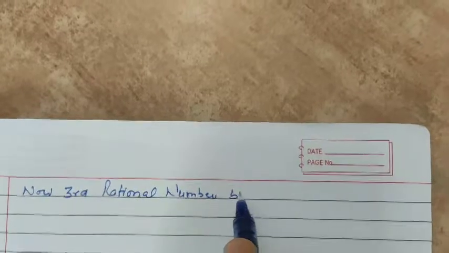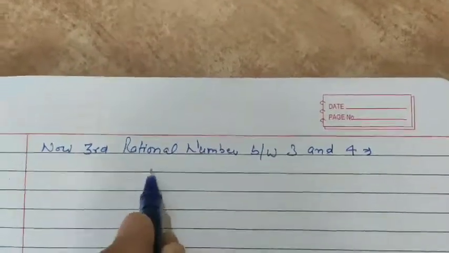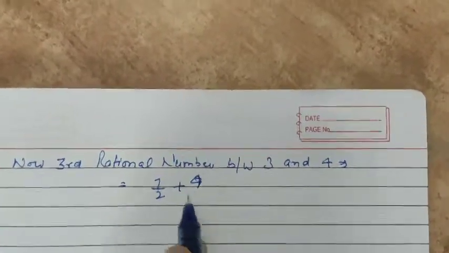Now the third rational number between 3 and 4 would be the average of 7 by 2 and 4.